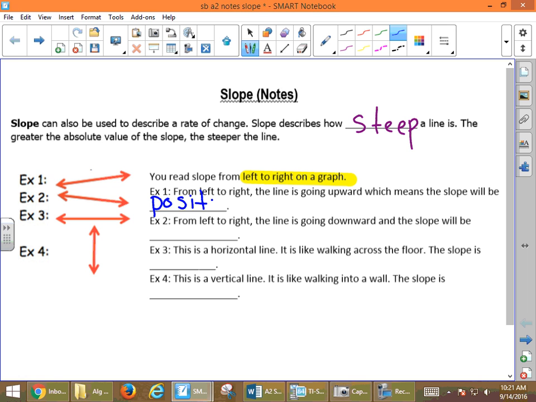And I like the increasing, but we want to get a little bit more specific here. A positive slope. And consequently, if we're reading the graph from left to right, on example 2, our line kind of goes downhill, downward. Uphill is positive, so downward must be negative.